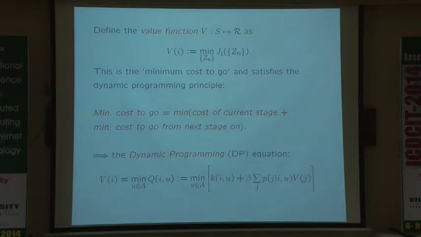So here, because it's discounted cost, I have to slightly modify this. I have the minimum discounted cost-to-go from the next stage on, and that leads to this equation for V. So V of i is the minimum cost-to-go from i. If you are in i at the present moment, it is the minimum over your current control choice of the immediate cost plus the discounted average cost, because you don't know exactly where you are landing.